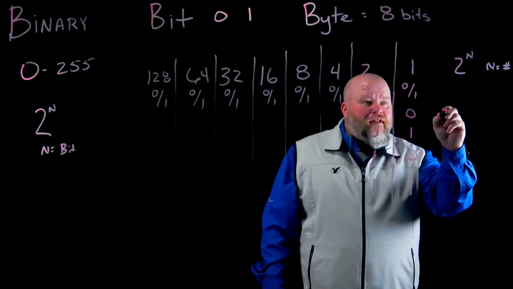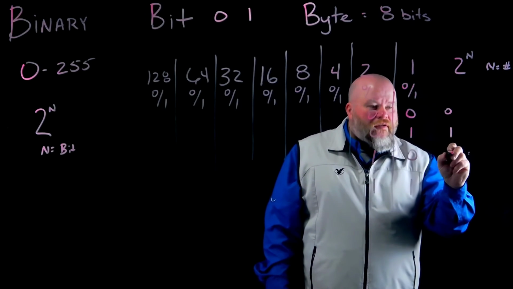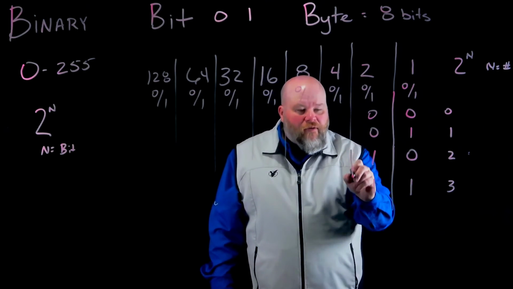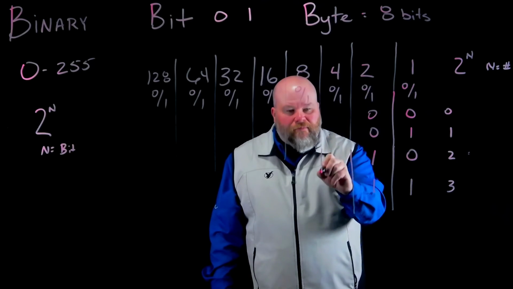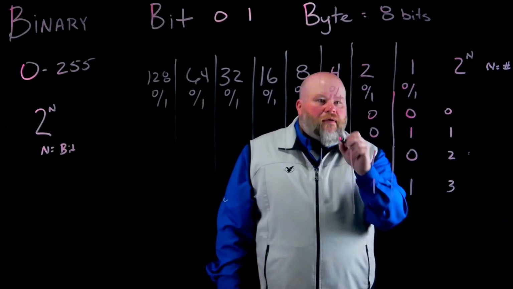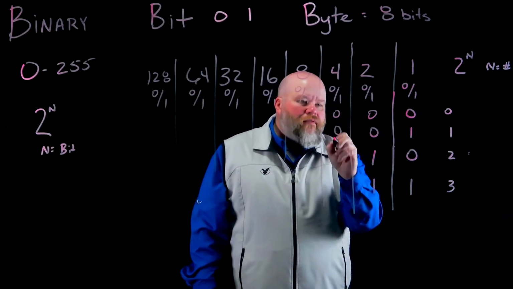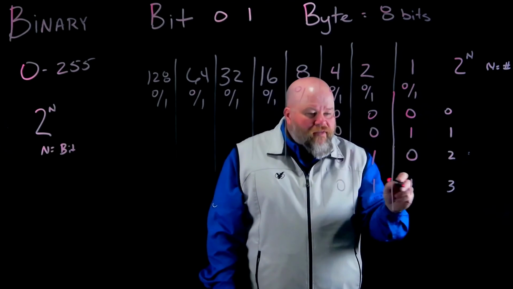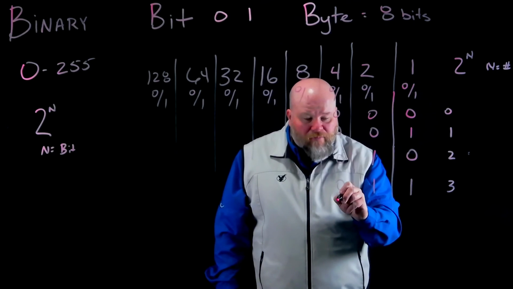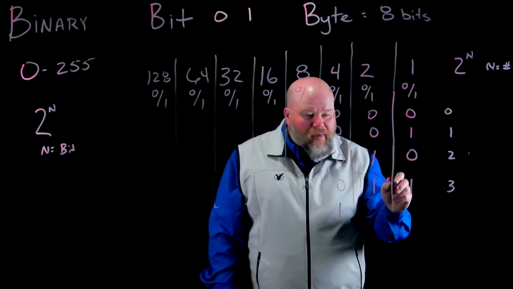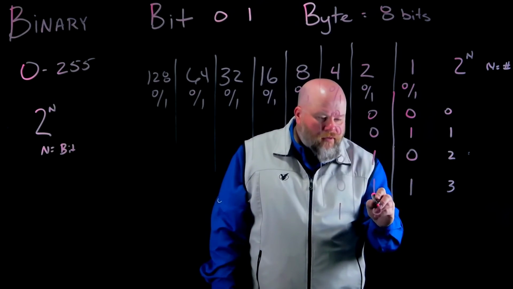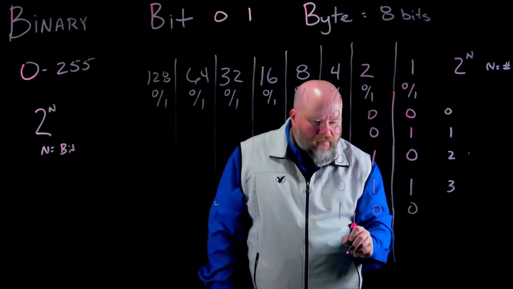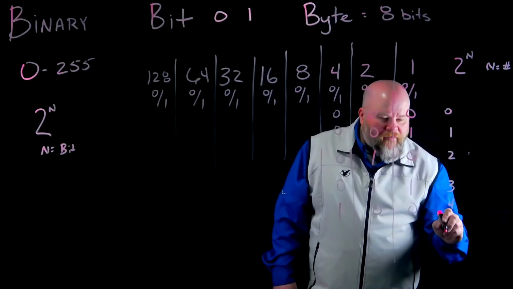So now we've got 0, 1, 2, 3. Now to get to a value of 4, we're going to go to another bit. And we would have looked like this thus far. So now, since these 2 buckets are full, we're going to pour over into this one. But by pouring over, we're emptying these. Now we have a value of 4.